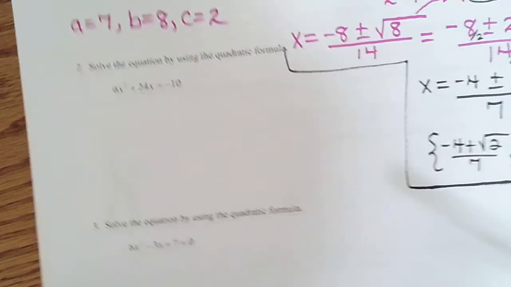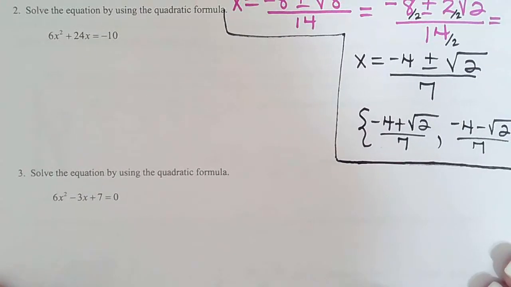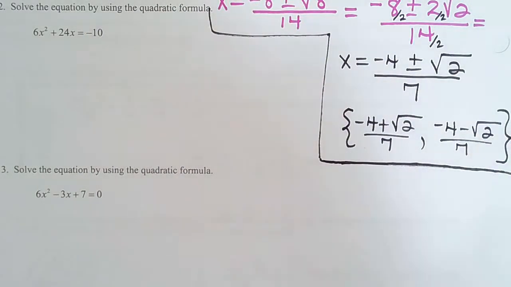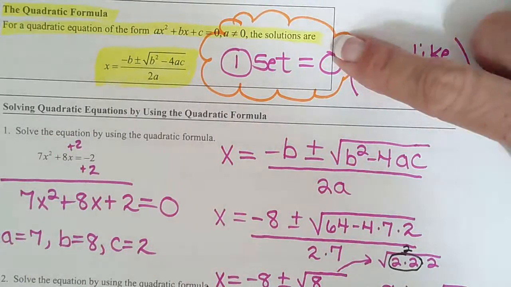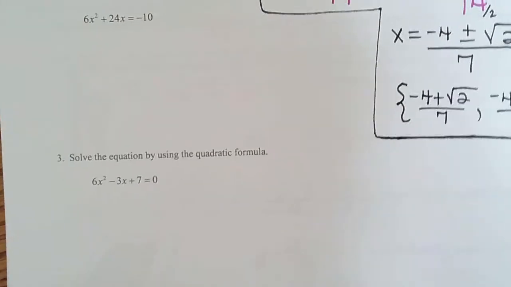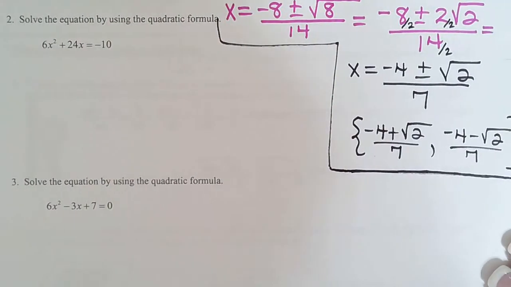So what's going to be the first step on 2? I'll put the answer in the view in case you didn't get all that. So step 1 is set equal to 0. Just like factoring, you can't factor or do the quadratic formula unless it's set equal to 0.